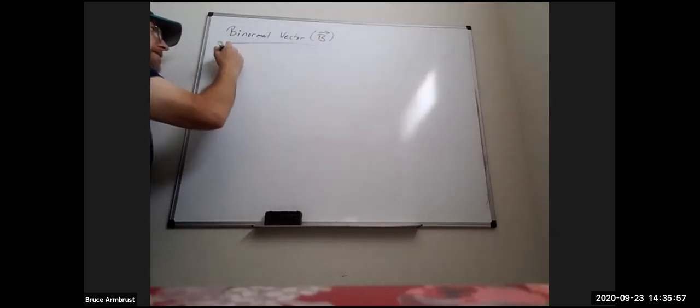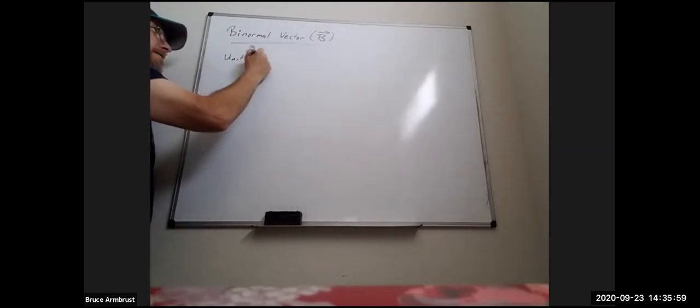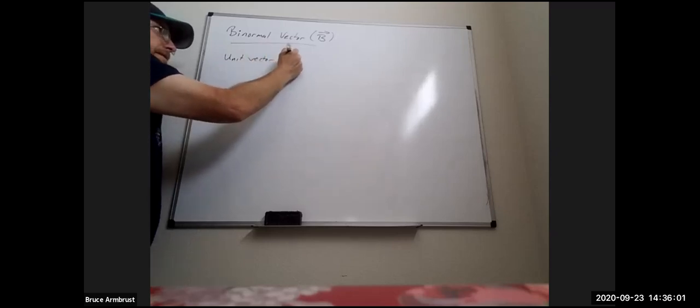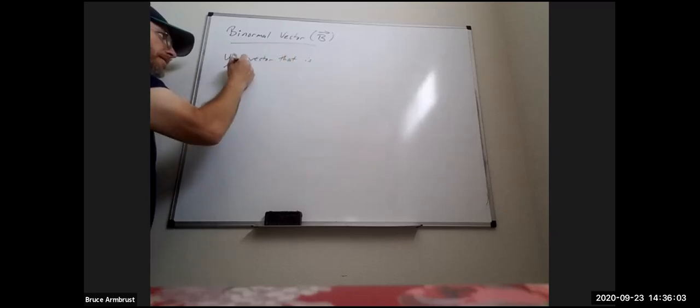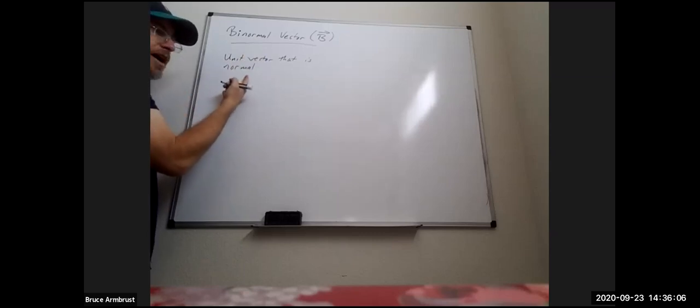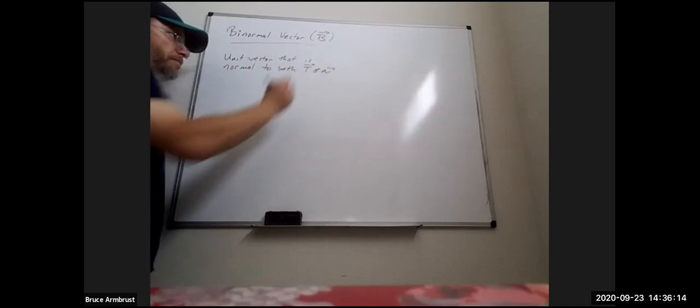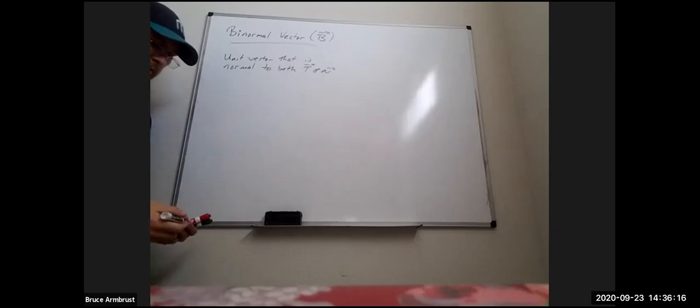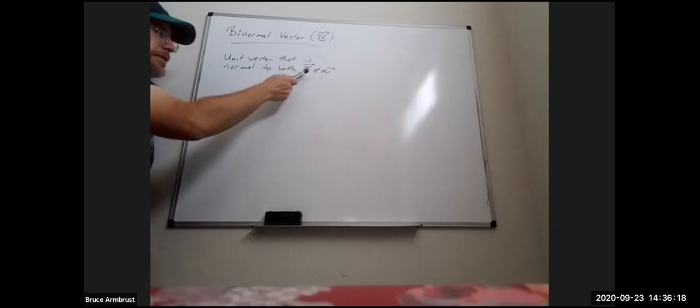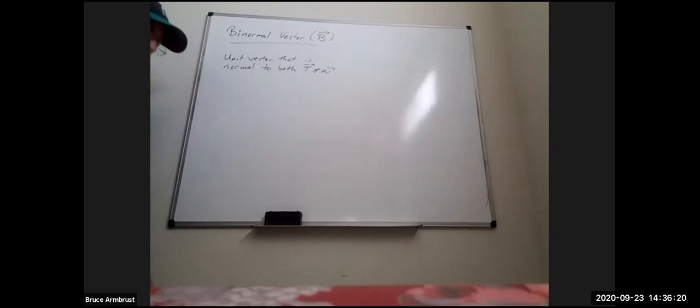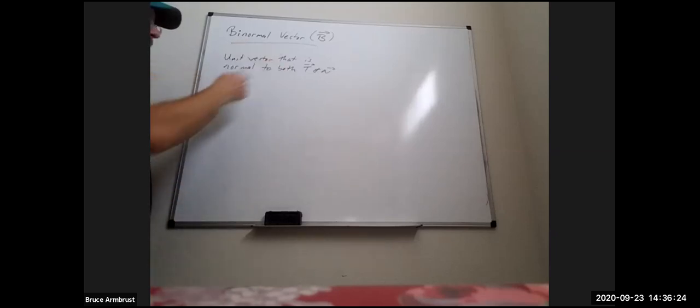Specifically, it's a unit vector that is normal, so orthogonal, perpendicular, however you want to think about it, to both T and N. So T points in the direction of the curve, N is orthogonal to it, pointing towards the inside of the curve, but B is orthogonal to both.